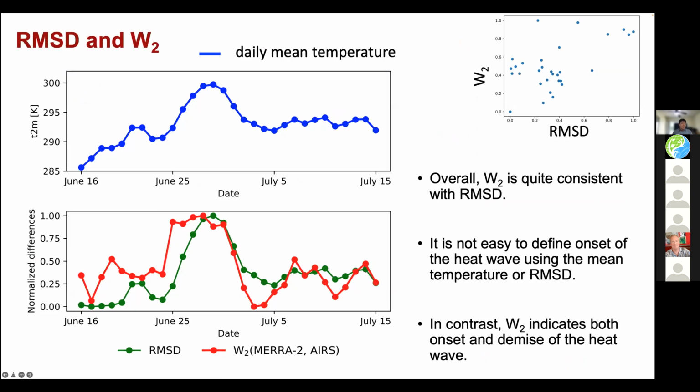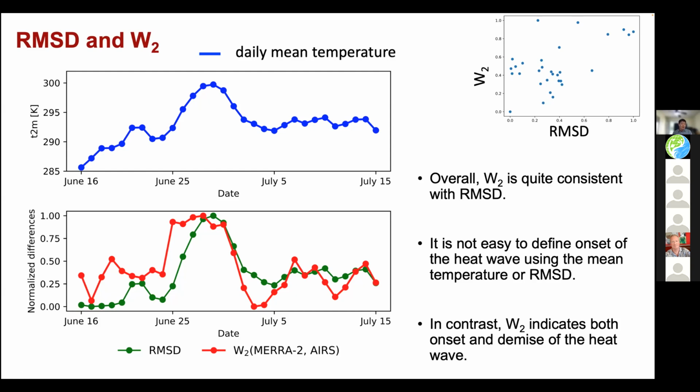Again, this blue line represents daily mean temperature averaged over the entire domain. And this green line is the root mean square deviation between observation and climatology. And the red line is the Wasserstein distance between the observation and climatology.